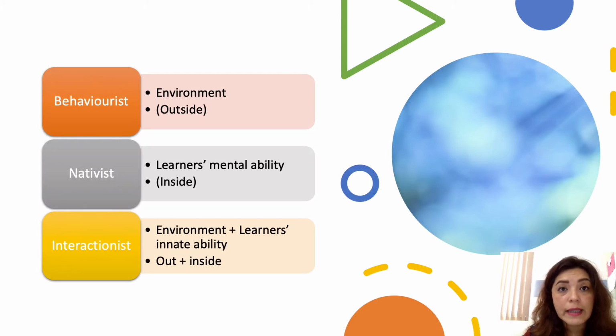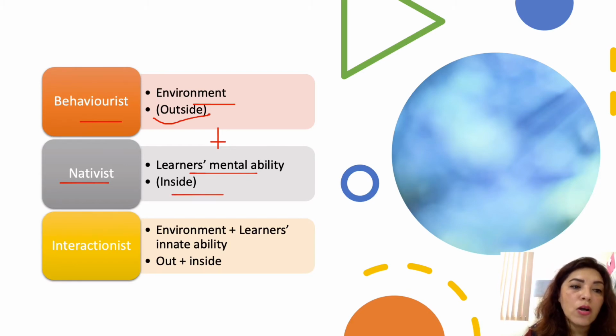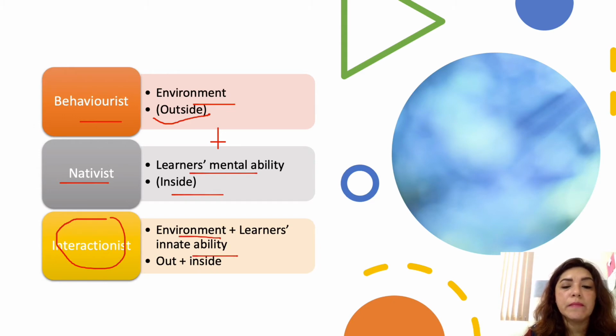So we can say that the behaviorist view is focused on the environment, that is the outside, plus the nativist, the learner's mental ability, that is inside. So the interactionist view says that the environment plus the learner's innate ability, the outside and inside, produce the interaction.